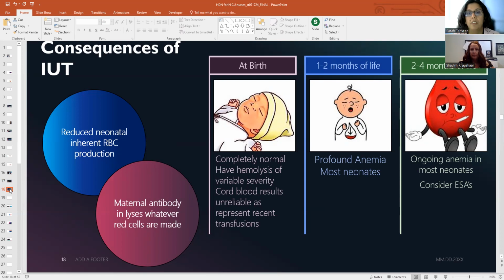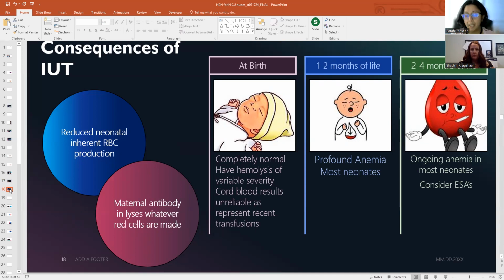On top of that, whatever the neonate is able to make is destroyed because maternal antibody is still present at a very high level in the plasma. So at birth, if these babies had received an intrauterine transfusion within the recent 3 weeks, they can look completely normal. They may not have jaundice, they may not have anemia, they may appear like they're completely fine.